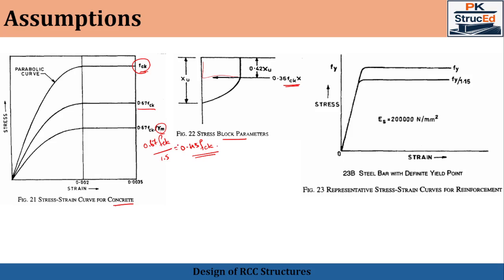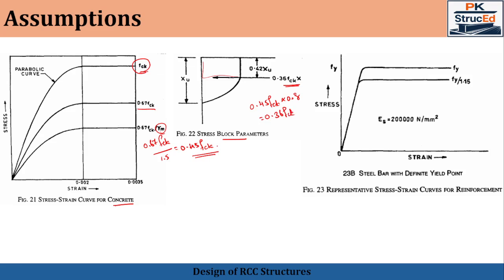So the average stress over the compression zone will be taken as 0.36 fck. This accounts for the parabolic stress distribution as well as the partial safety factor, which is how we are getting this: 0.45 fck into 0.8. So that's what you'll be getting as 0.36 fck.